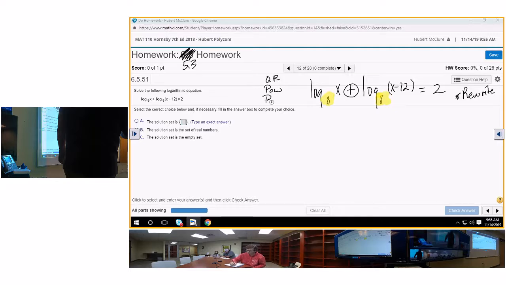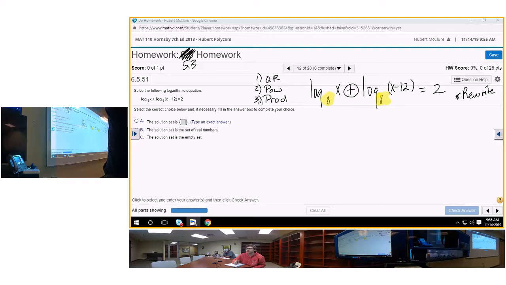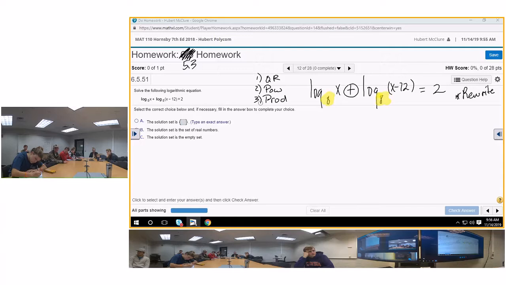Which one? Okay, have we not talked about rewriting? I thought we did. We have. Okay. So which one is it? Quotient rule. No, it's product rule.